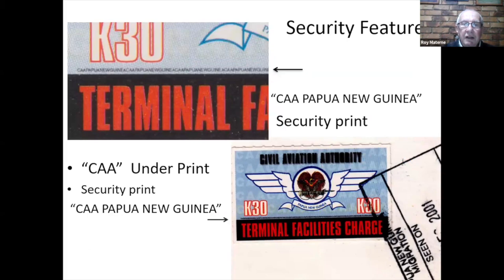It is actually a very micro-printed CAA Papua New Guinea going repetitively across the whole bottom of the ticket. So if you looked at it from a distance, you'd say it's just a greyish black line. The ticket, again, I've computer generated so that you can see it more clearly. There is a CAA underprint on the ticket. So that's another security device there.